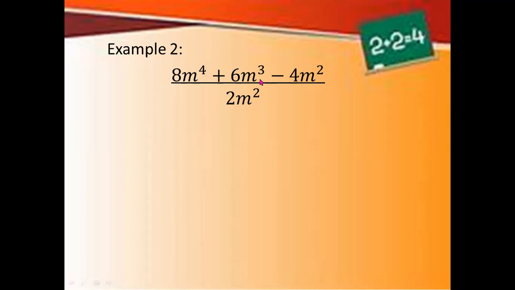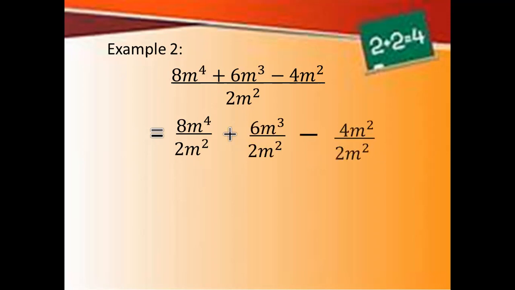Now, following the rule, we can separate that one so that we will not be confused. So that means you have there 8m to the power of 4 over 2m to the power of 2, plus 6m cubed over 2m squared, minus 4m squared over 2m squared. So following the rule, we can subtract. Okay, so the exponent 4 minus 2, exponent 3 minus 2, exponent 2 minus 2.